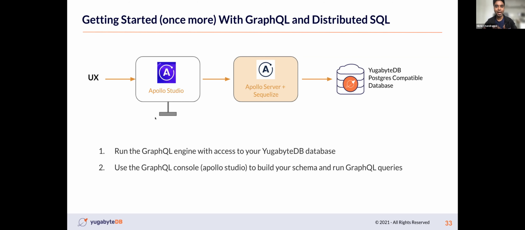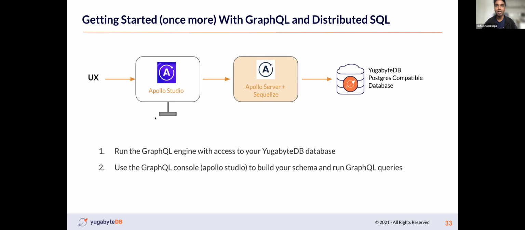So if you already have a GraphQL server implemented with Postgres, it will be super easy to connect it to Yugabyte. And if you are using other databases like MySQL or SQL Server, with just minimal code changes, you can migrate your application from those databases onto YugabyteDB. We'll show those steps as part of this workshop.